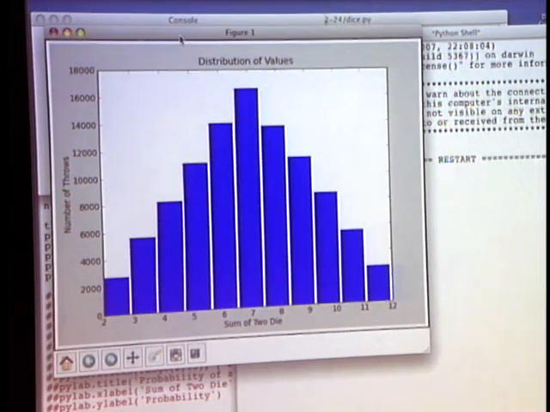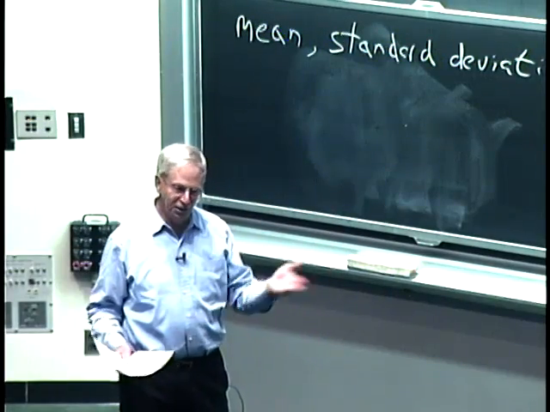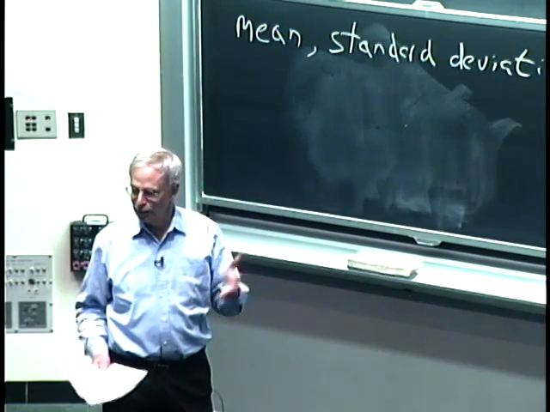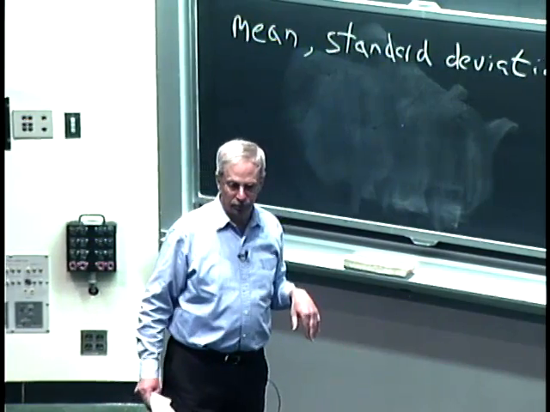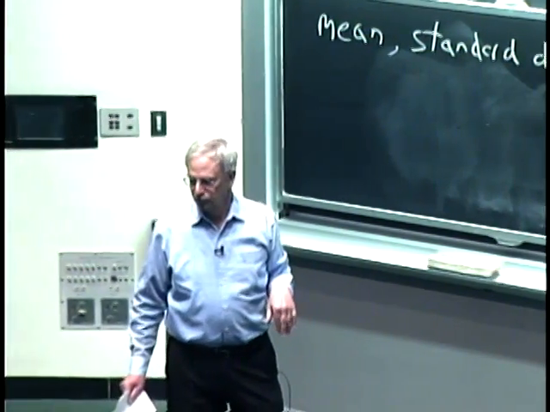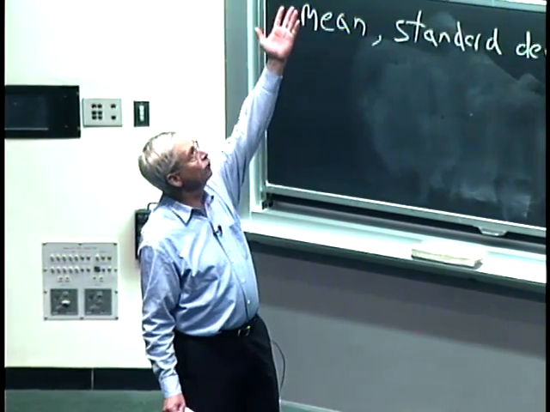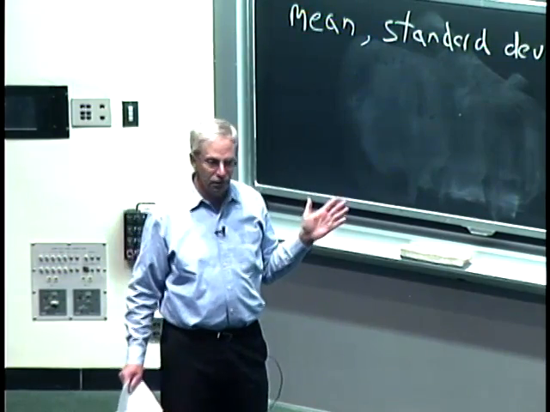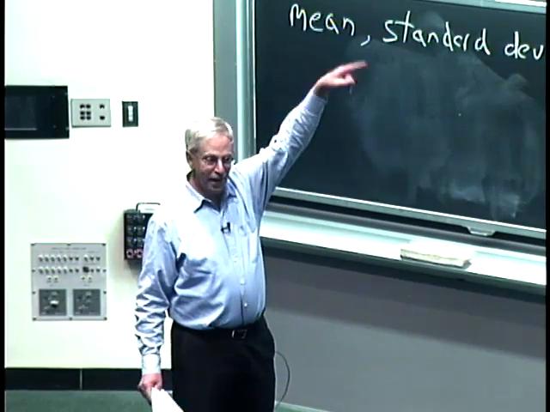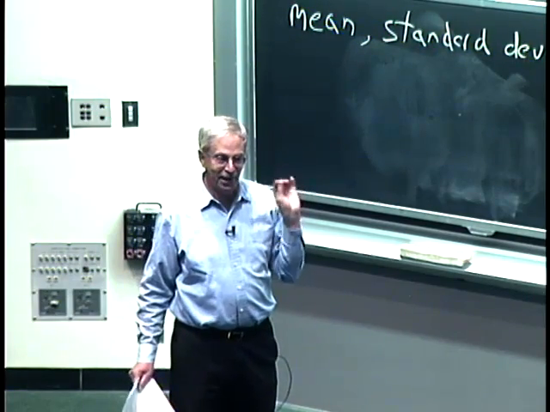Now, you couldn't label the axes, because how would you know how many trials I did, right? Whether I did 100 or 1,000 or 1,000,000. But the shape would always be the same. If instead of doing 100,000 throws of the dice as I did here, I did 1,000,000, the label on the y-axis would change, but the shape would be absolutely identical.